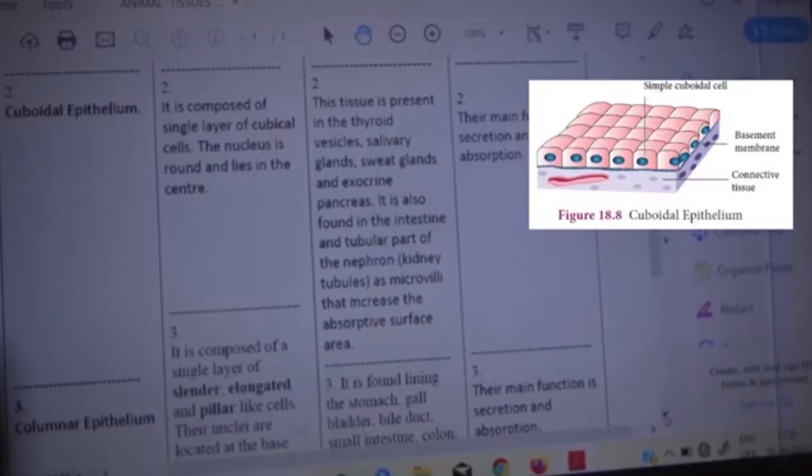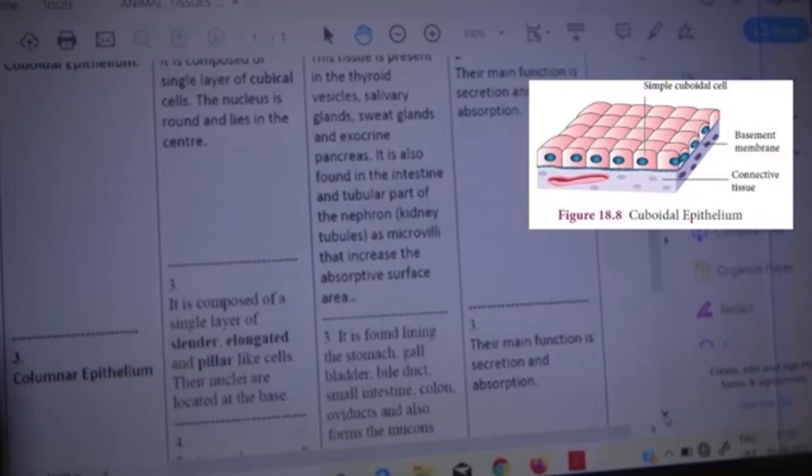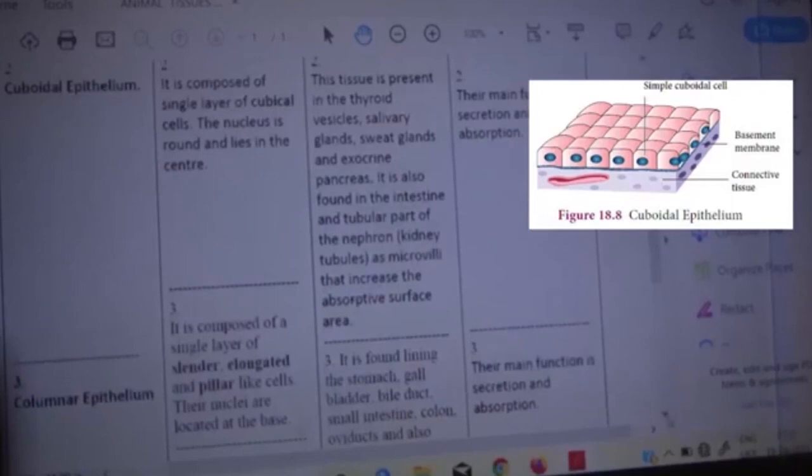The small intestine is formed of pillar-like projections called villi, formed of this cuboidal epithelium. In the same way, the tubular part of the nephron eliminates nitrogenous waste and absorbs useful substances. That is why it increases the absorptive area. So the main functions of cuboidal epithelium are secretion and absorption.